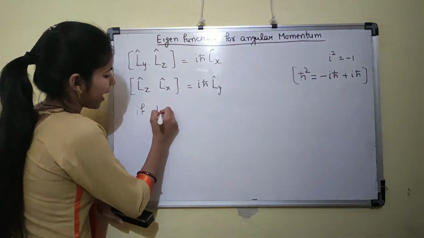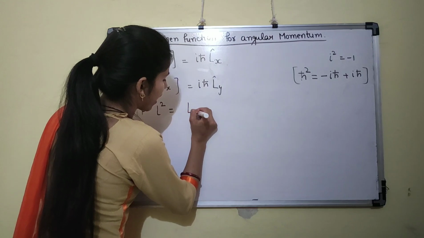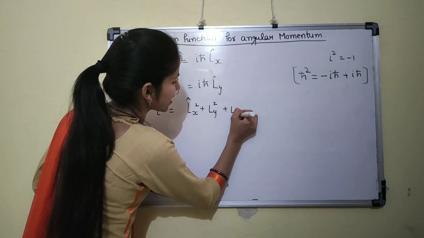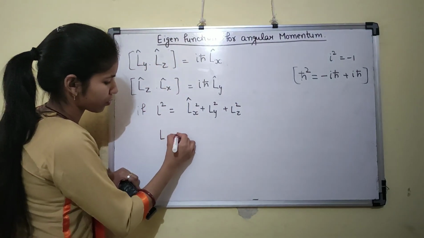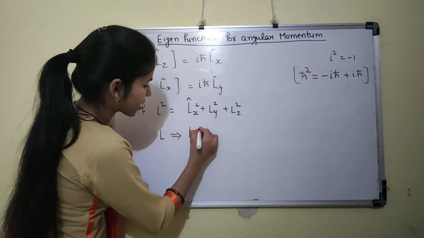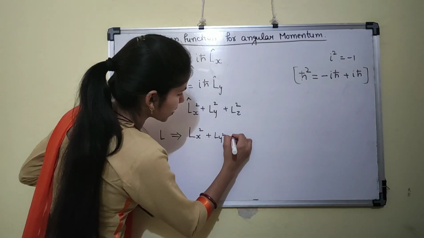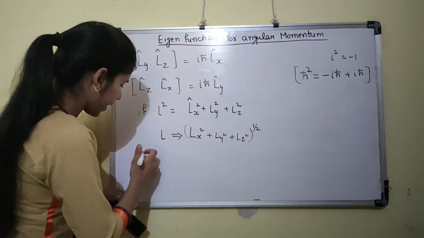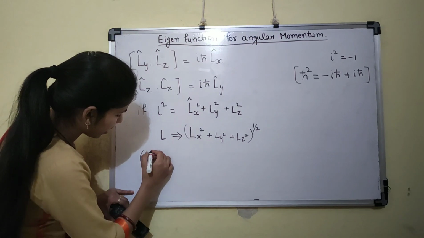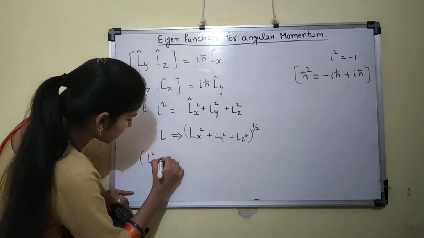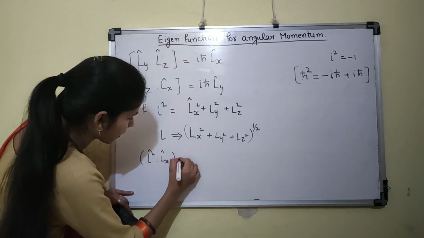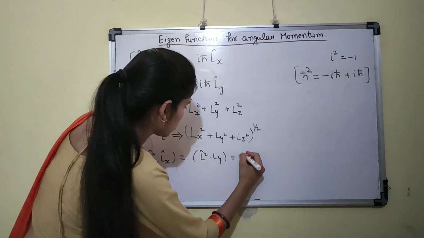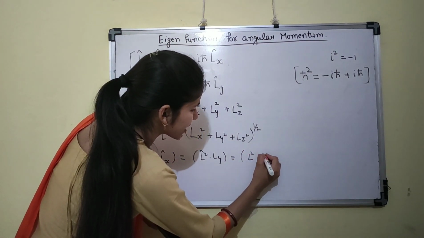If L square equals Lx square plus Ly square plus Lz square, so from there L equals Lx square plus Ly square plus Lz square raised to the power half, and L square with Lx equals L square with Ly equals L square with Lz.